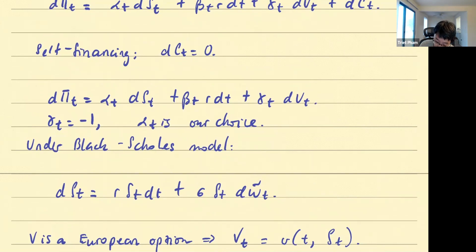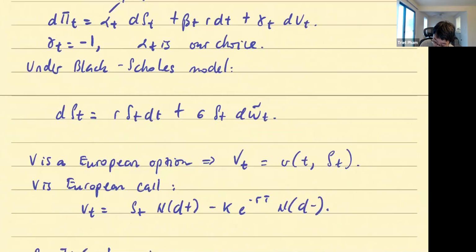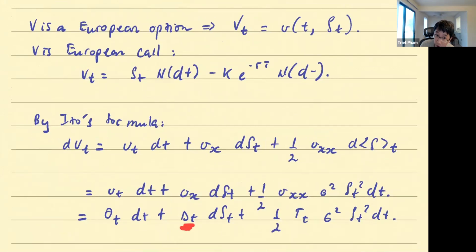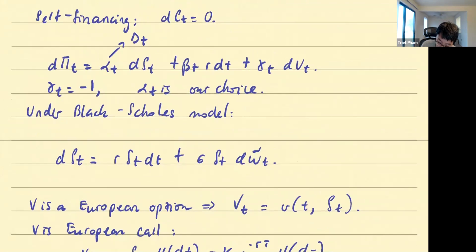Then if alpha t is equal to exactly the delta of the derivative, this delta, then the portfolio value in the end will perfectly balance out, which means it's going to be 0 because you are short selling one share of the derivative. We will show this.